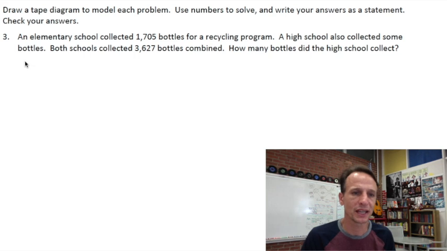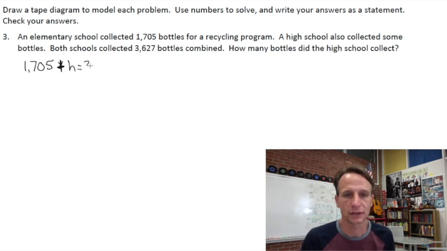Okay, so we know the elementary school amount, 1,705. If added to the high school amount, let's call it, sorry, that should be a plus, plus, let's call it H, will give us 3,627.